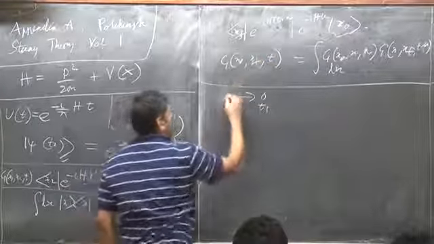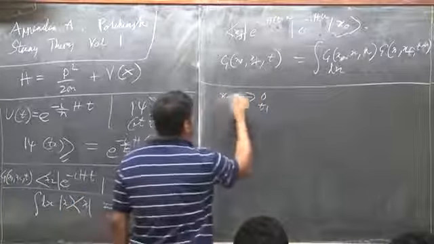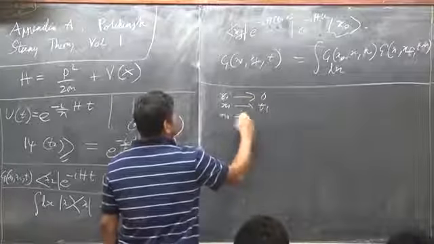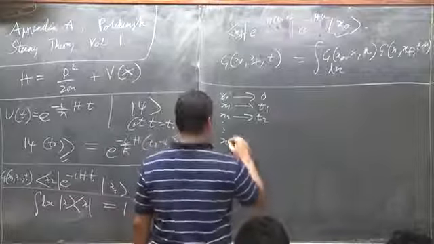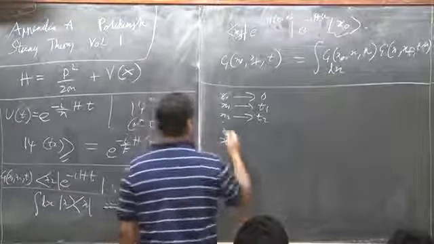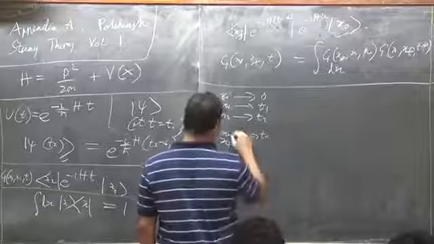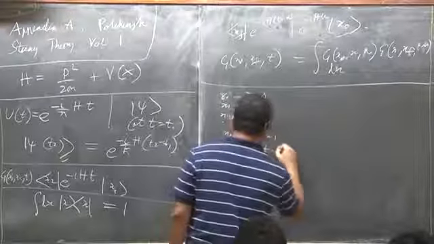So suppose it's x0 at time t0, which is 0. And we'll call this x1 at time t1, x2 at time t2, up to xn at time tn, which is equal to t.